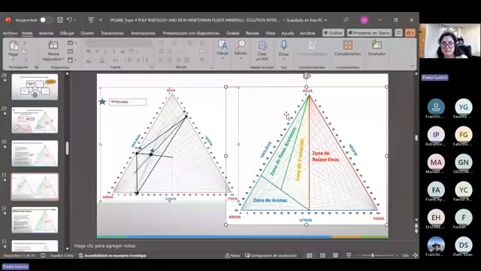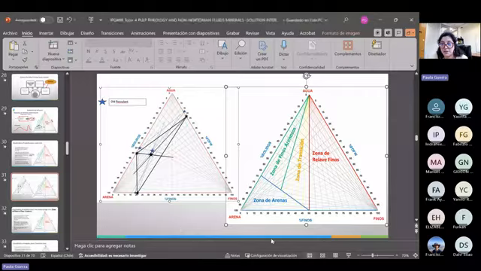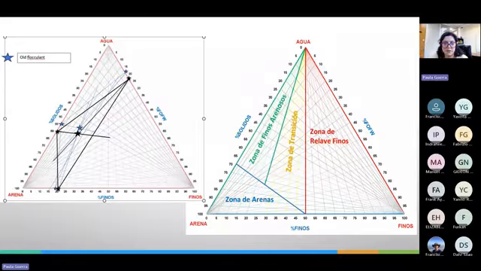So let me share this and we'll be done in a minute, okay? Okay, so now we're looking at both ternary diagrams.